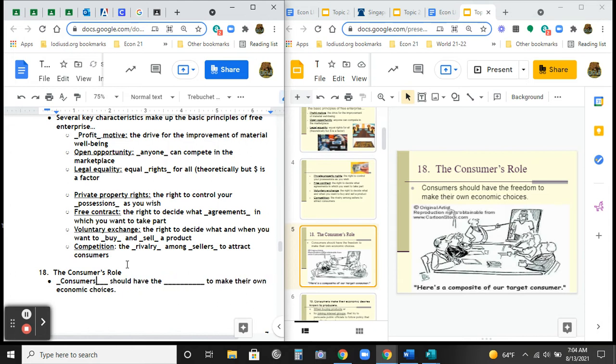For example, if you go to the airport, you can't even bring in food or drinks.